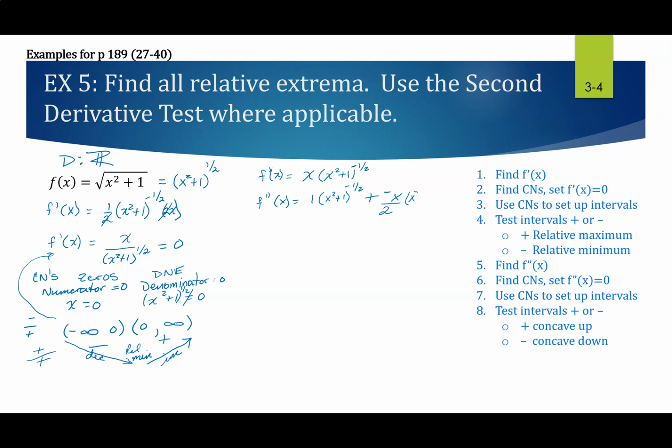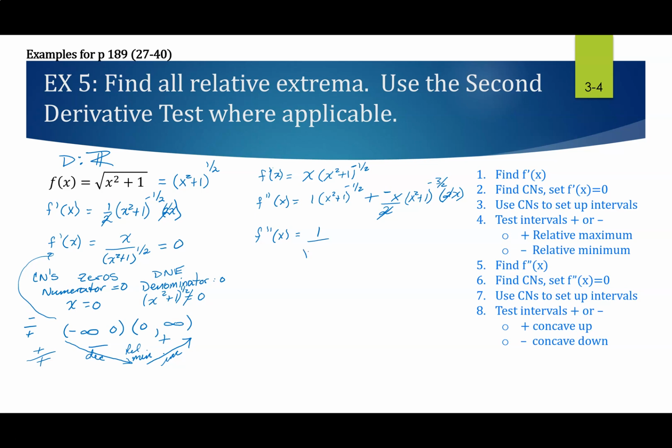And then the x squared plus 1 stays, and then negative 1/2 plus negative 2 over 2 is negative 3/2, and then multiply by the derivative of the inside. Now, just like in the first derivative, these 2's are going to cancel. I have to rewrite it because I've got to look at these as fractions.